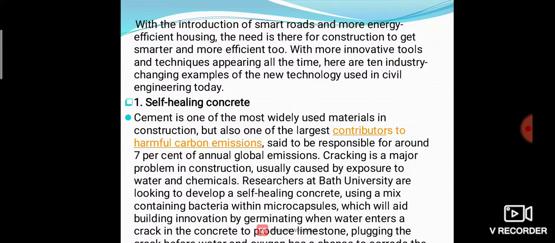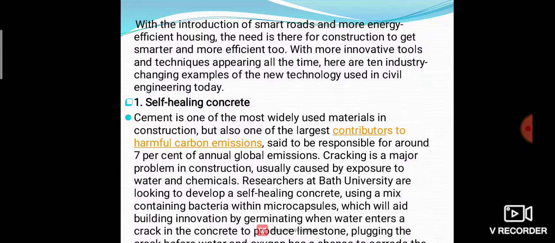Researchers at Bath University are looking to develop a self-healing concrete using a mix containing bacteria within microcapsules, which will aid building innovation by germinating when water enters a crack in the concrete to produce limestone, plugging the crack.